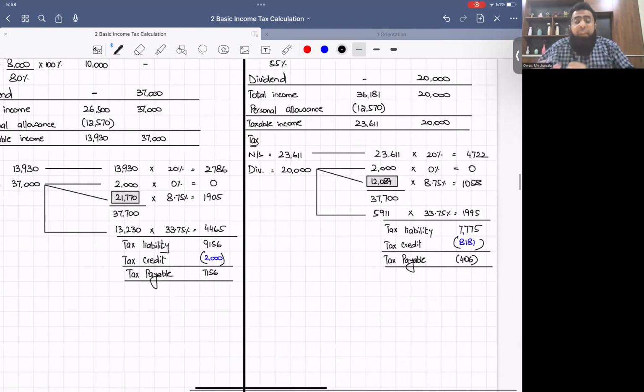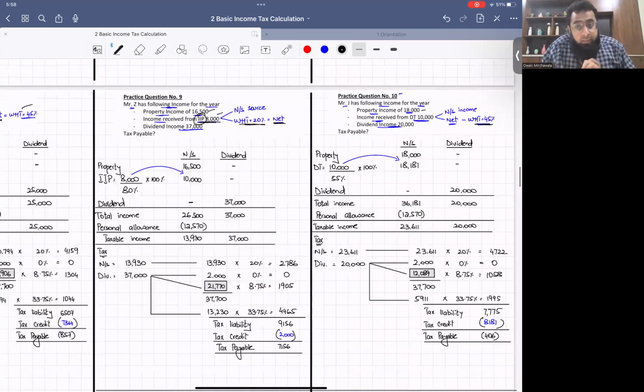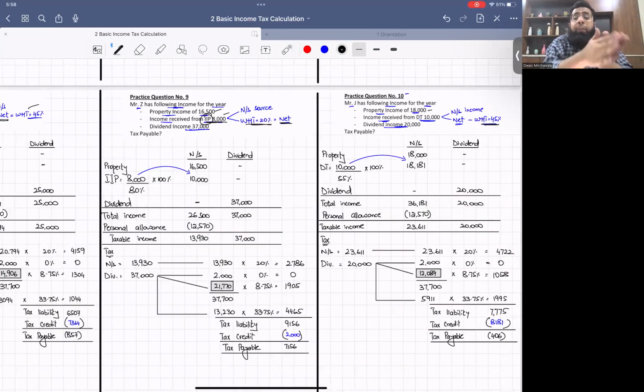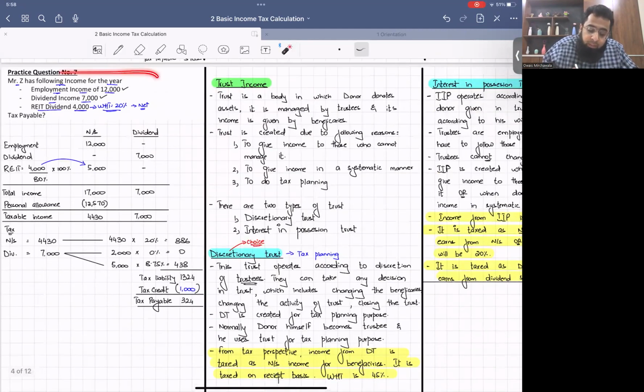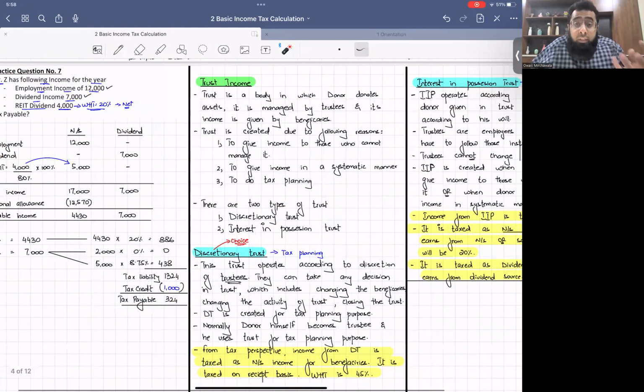So if we sum up today's class, when we started today's class, we did one practice question, which was a revision of dividend income concept, which we discussed in the previous class. Then we introduced the concept of trust. Trust is a registered entity.